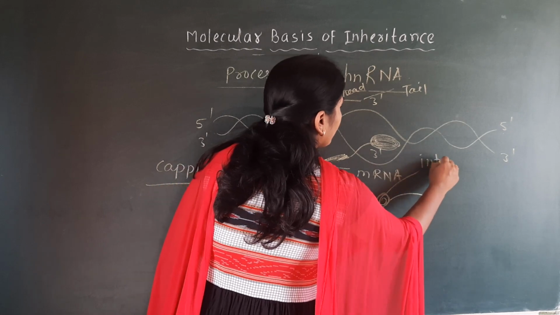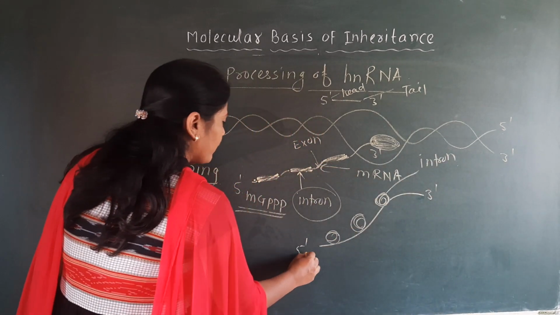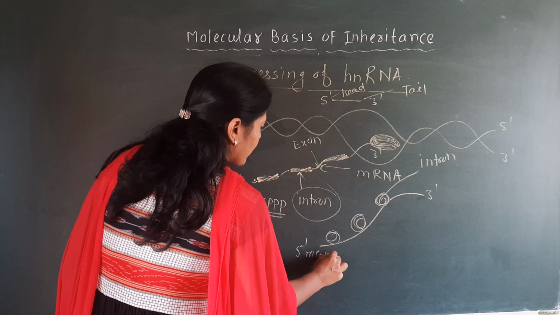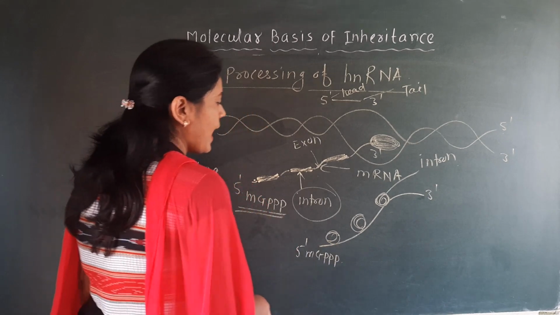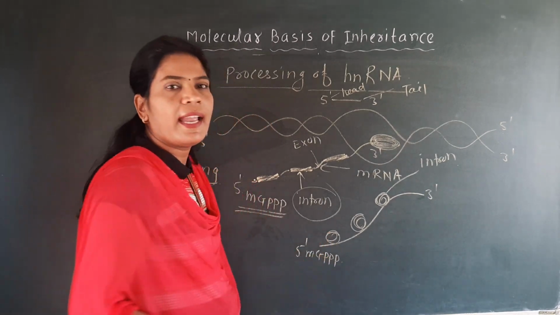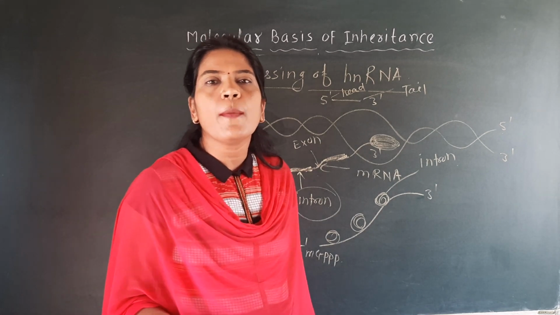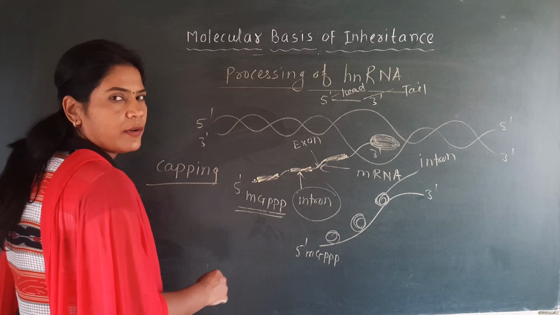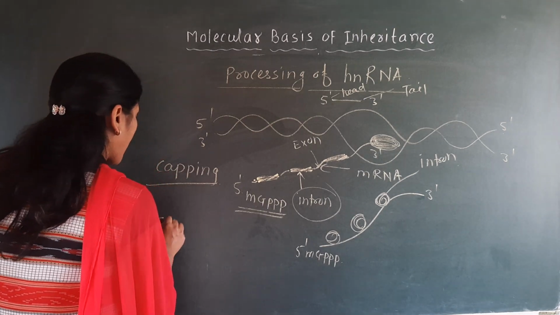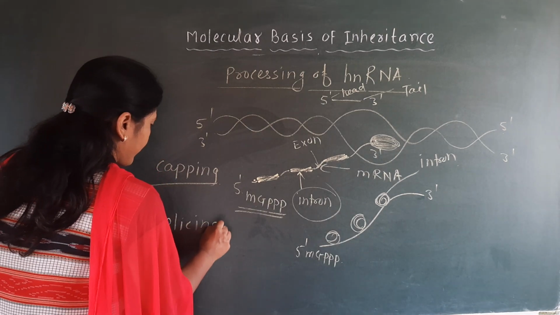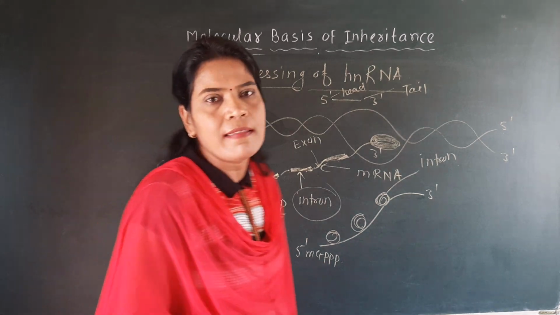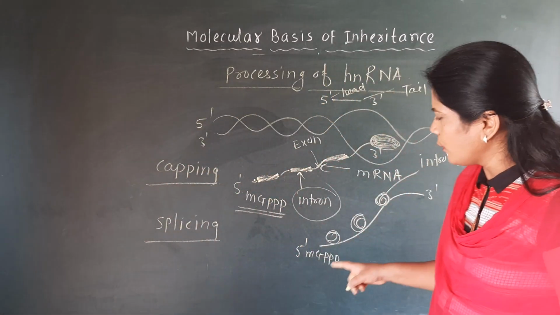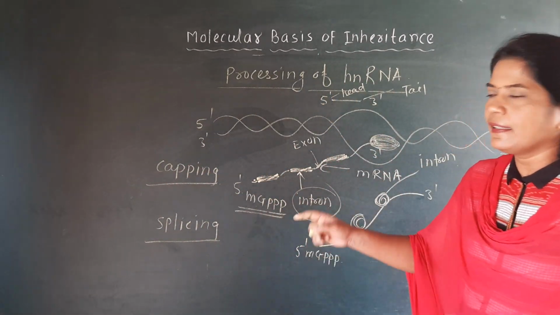This is the methyl guanosine triphosphate, and we have to remove this intron. Removal of intron is called splicing, because here we have removed the intron part in the second step.